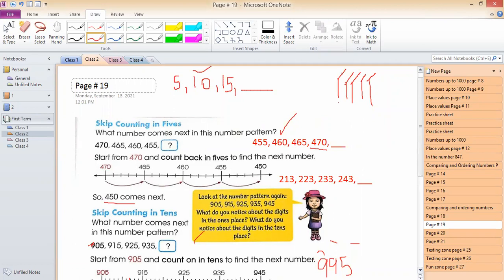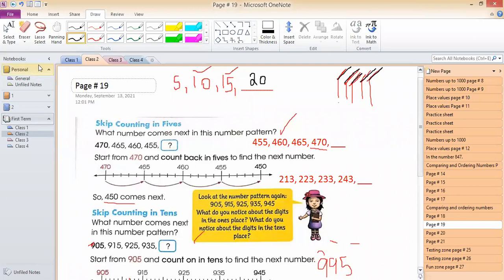Then again you count in fives, 11, 12, 13, 14 and 15. Now you get 15. In order to find out the next number, you will again count in fives. After 15, 16, 17, 18, 19 and 20. So you will get the answer. So this is how you are counting in fives.